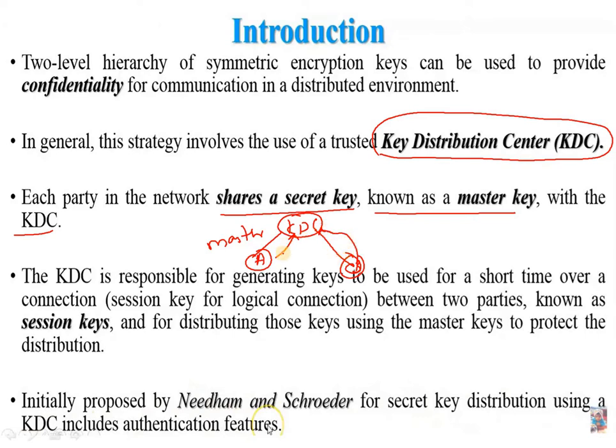A's master key will be known only by A and the KDC, whereas B's master key will be known only by B and the KDC. That means the master key of A is unknown to B.